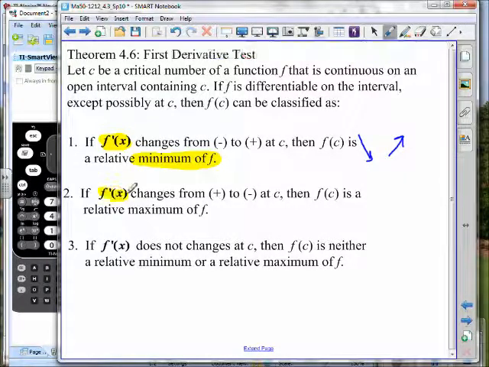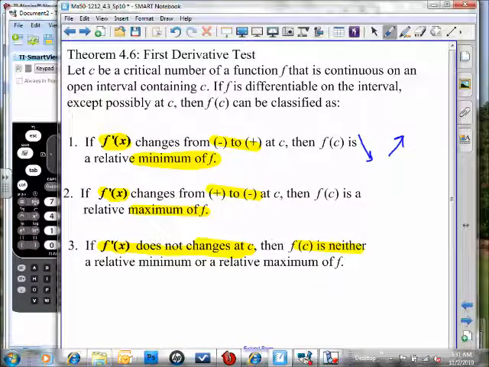If the first derivative changes from positive to negative, then we have a relative maximum. If the first derivative does not change, then it's neither a minimum nor a maximum. It's kind of a reiteration of what we just talked about, isn't it? Pretty much the same thing. Okay.